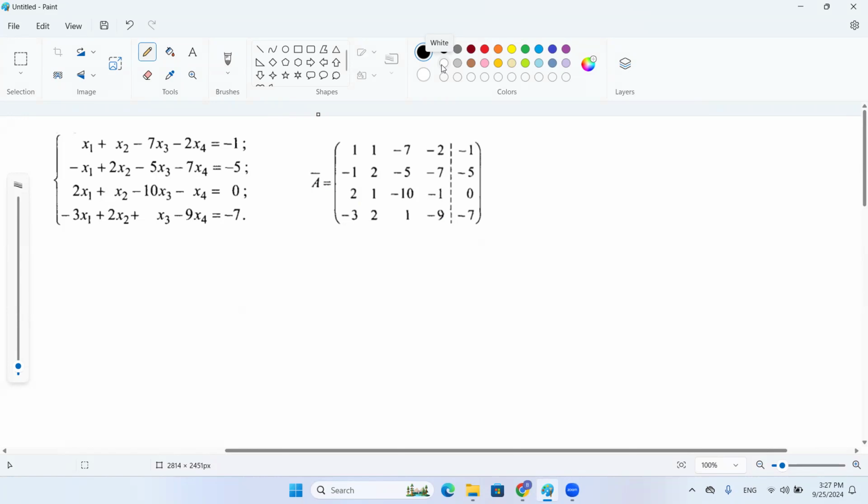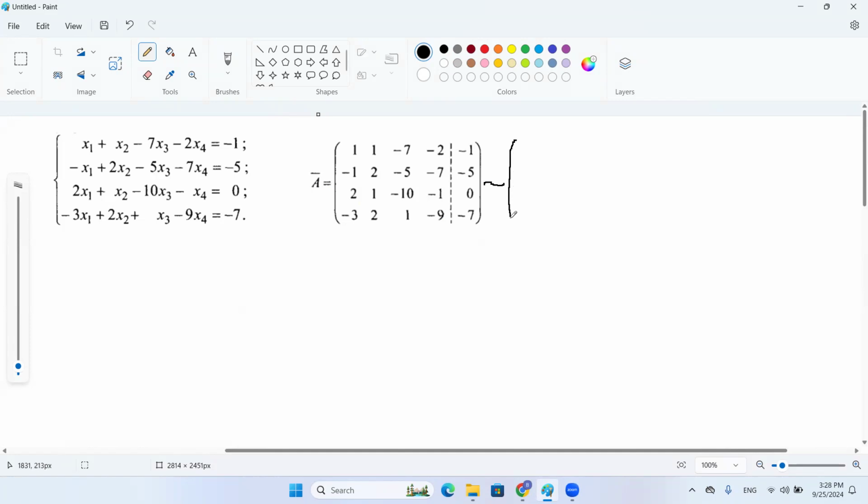So actually, you're right. It means that if the ranks are equal, we have only one solution. If the rank of A is less than the rank of A extended, it means that we have a lot of solutions, multiple solutions.